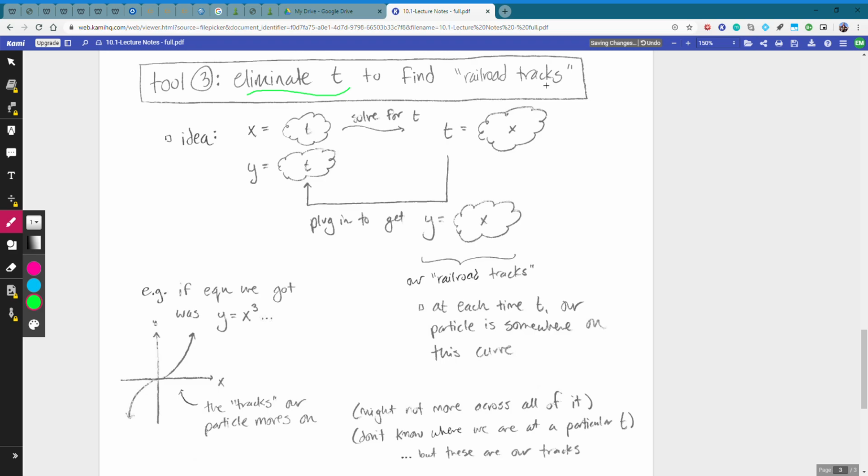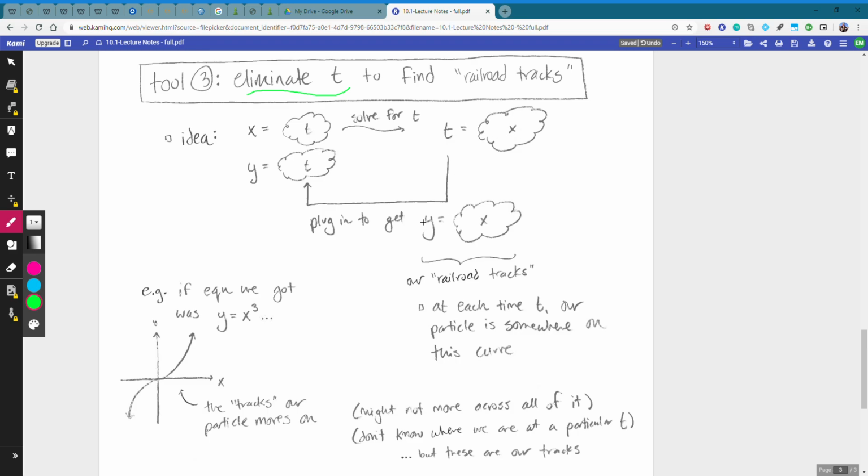Okay, here's the idea. If we take our parametric equations, x is some function of t and y is some function of t, and we take our x equation and solve that for t, then we'll have t equals some stuff in terms of x.